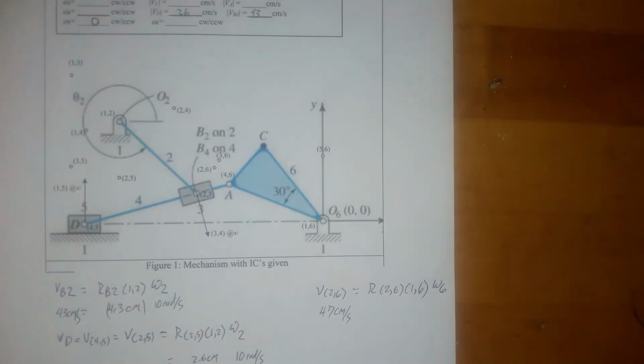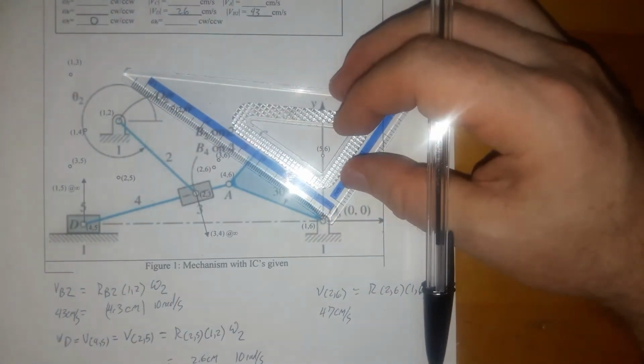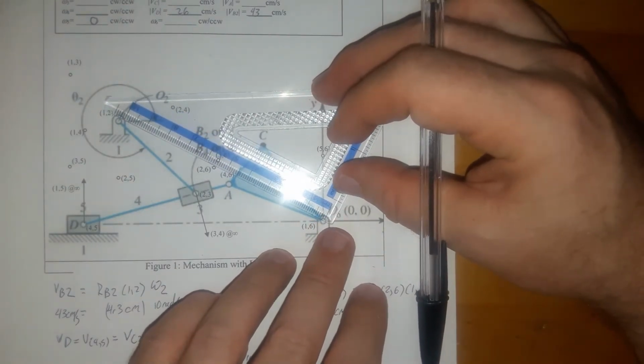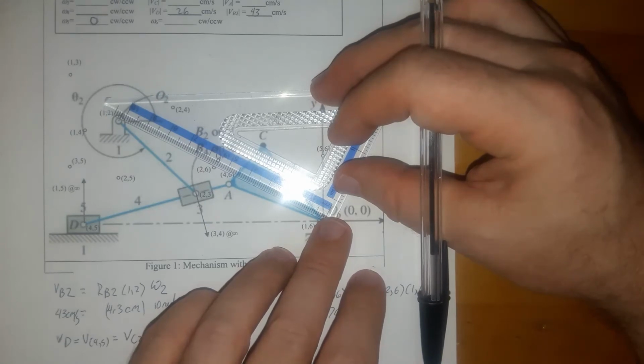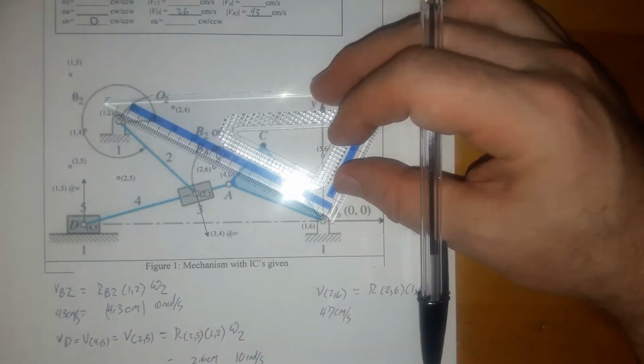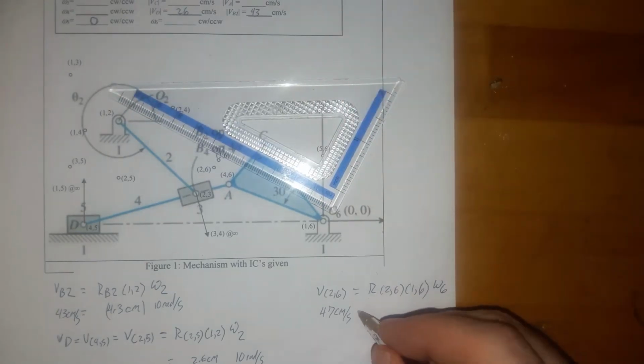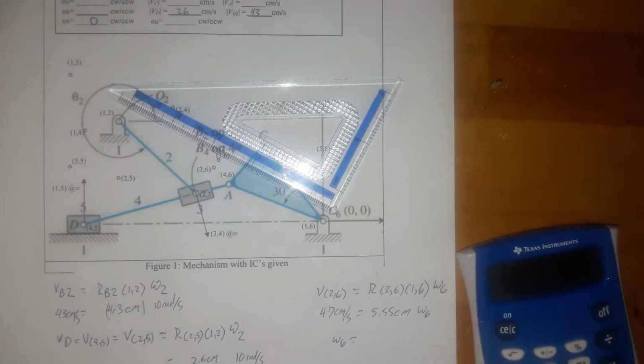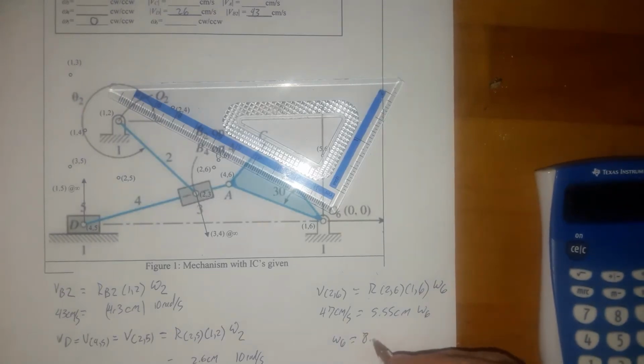And I can measure the distance from 1,6 to 2,6, and that's just, say, 5.55 centimeters times omega 6. So omega 6 is equal to 47 divided by 5.55 equals 8.47 radians per second.